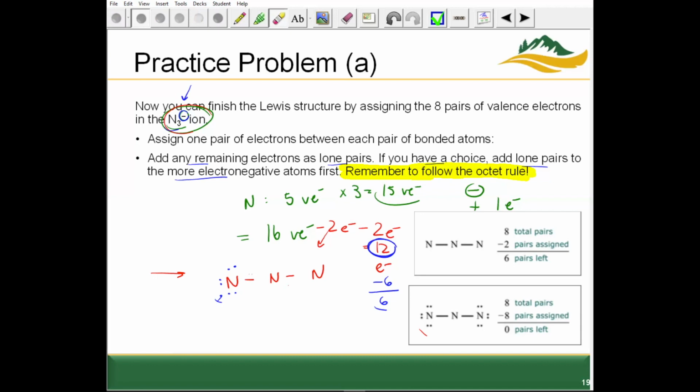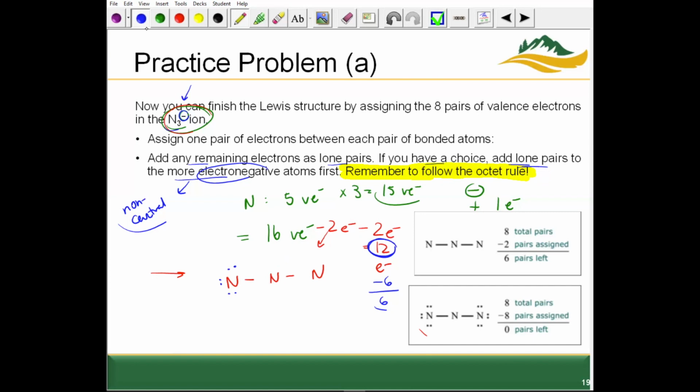Here, they're all the same electronegativity, but as we start to see other kinds of molecules that we're drawing, we should get used to adding lone pairs to the more electronegative atoms, which from what we know are going to be the non-central atoms. These would be the more electronegative because we put the least electronegative one in the middle.